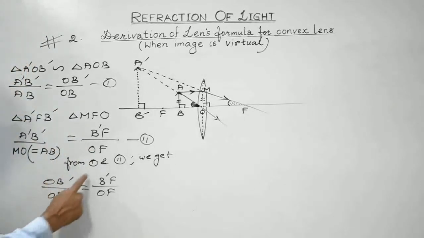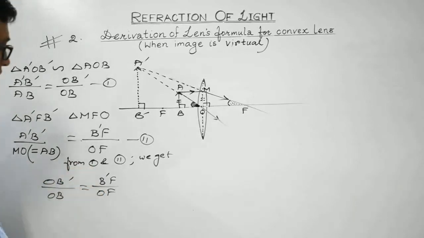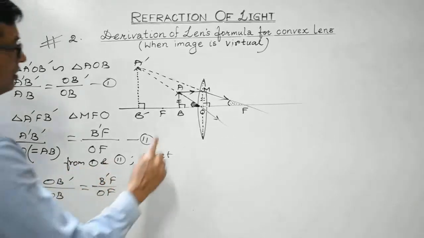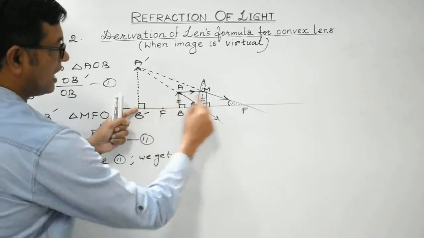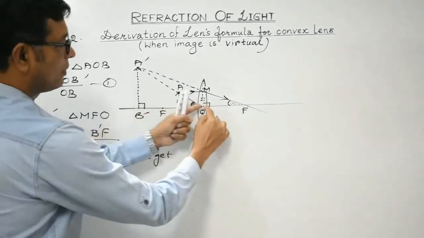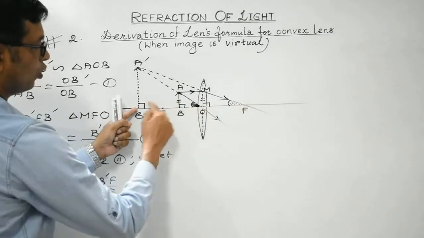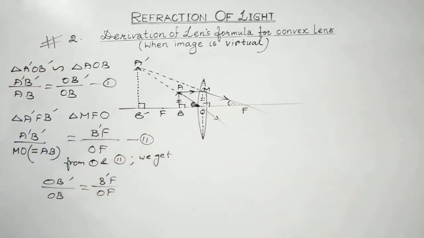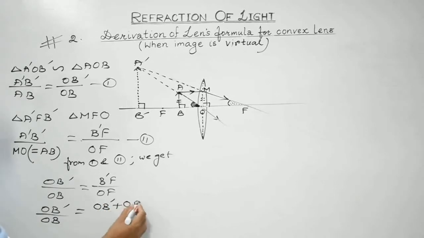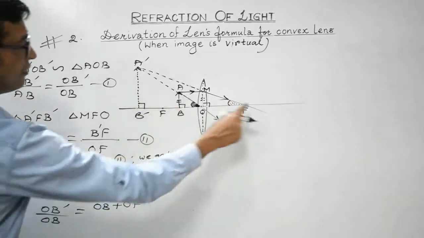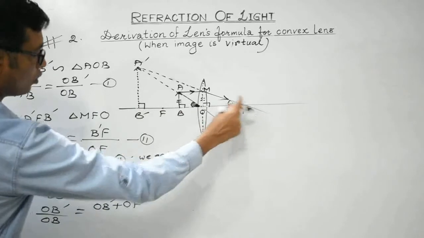The initial alphabet should be capital letter O. So B dash F needs to be changed. B dash F may be written as OB dash plus OF. So what we get is OB dash divided by OB is equal to OB dash plus OF. Here I have written B dash F as OB dash plus OF.